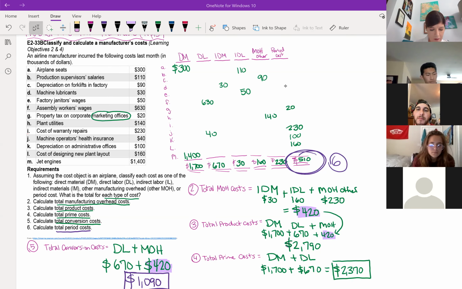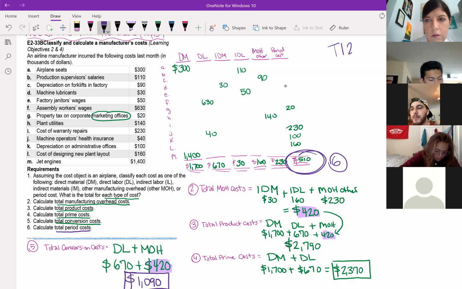Okay, I'm going to give you the problems. Similar problems would be TI 2-2, S2-10, E2-21A, and then this one that we just did, which was exercise 2-33B.